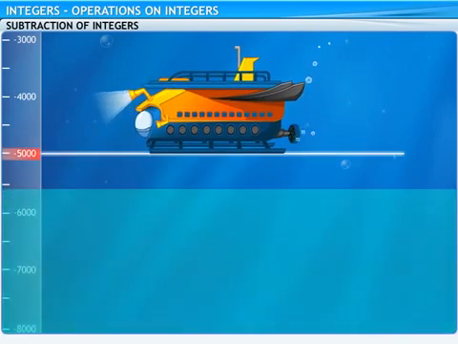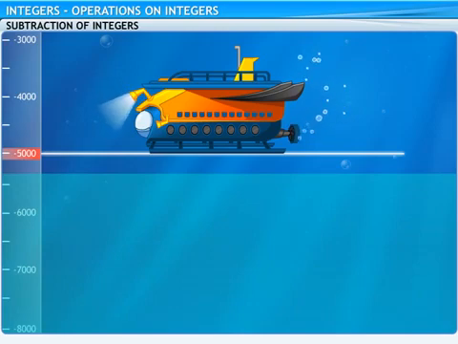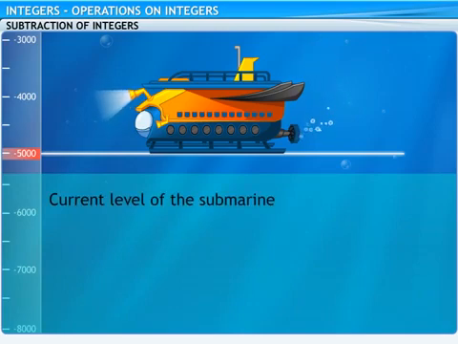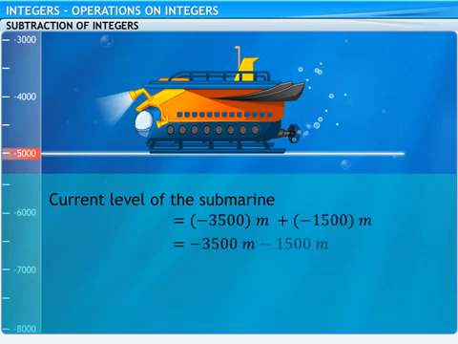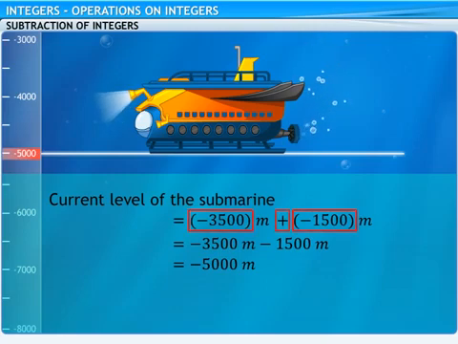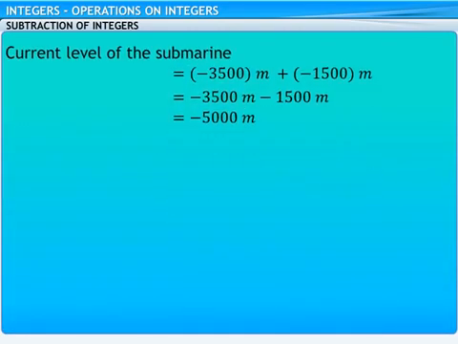As you know, both the negative integers need to be added to arrive at the current level of the submarine. You can see that this value is equal to minus 5,000 meters. Remember, when two negative integers are added, we get a negative integer. Now, what if you had subtracted minus 1,500 meters from minus 3,500 meters?